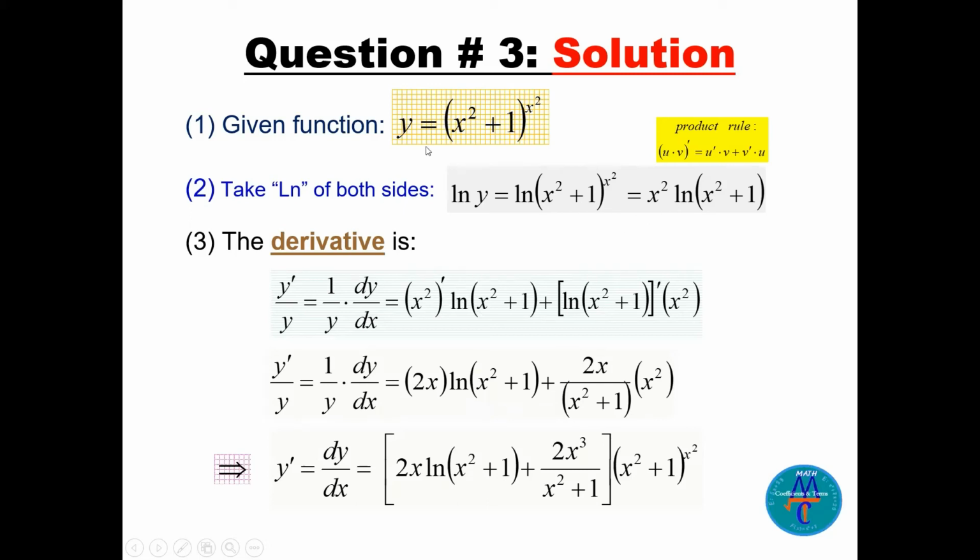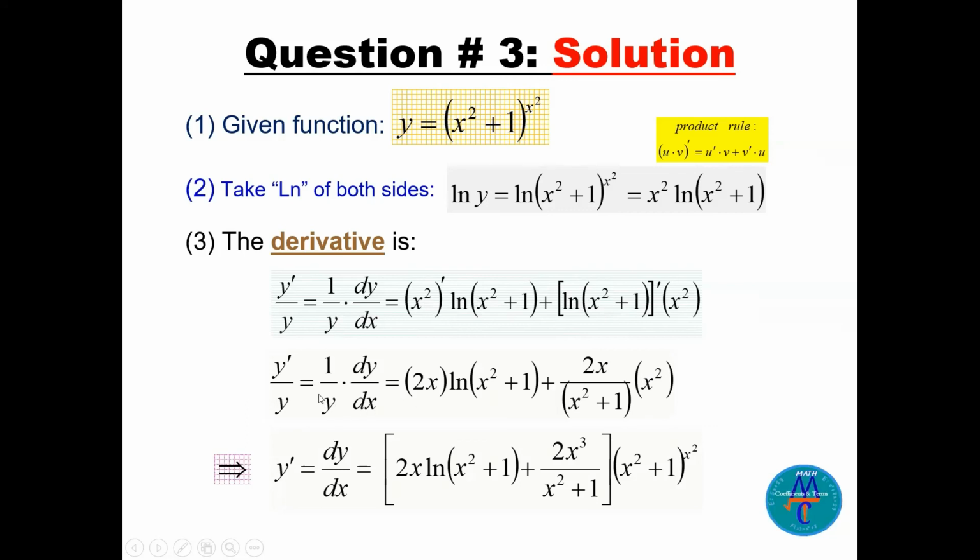So the derivative of the function, y prime over y, because this is ln of y, remember, like u prime over u. Now this is the product: the derivative of x squared times this, plus the derivative of the same here, ln of x squared plus 1 times x squared. This is 2x, leave this one ln of x squared plus 1, plus 2x divided by the same u, x squared plus 1, times x squared.